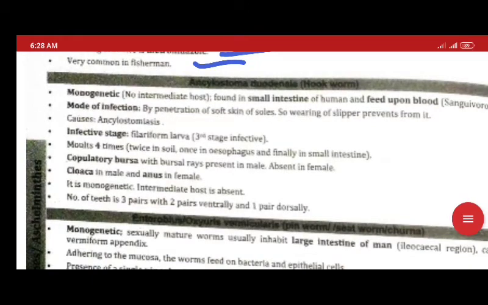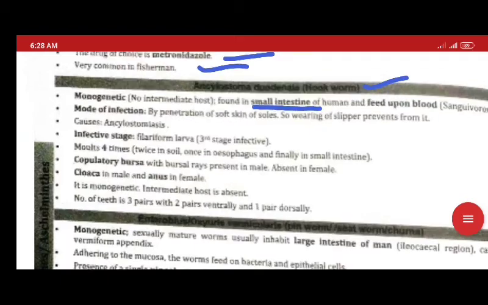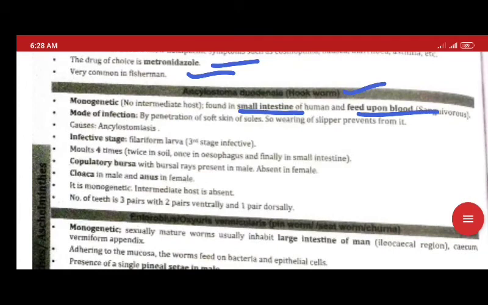Now Ancylostoma duodenale, that is hookworm. In hookworm there is no intermediate host, and it is found in the small intestine, feeding upon blood, so it is sanguinivorous. The mode of infection is through the sole of the skin, meaning the leg sole.